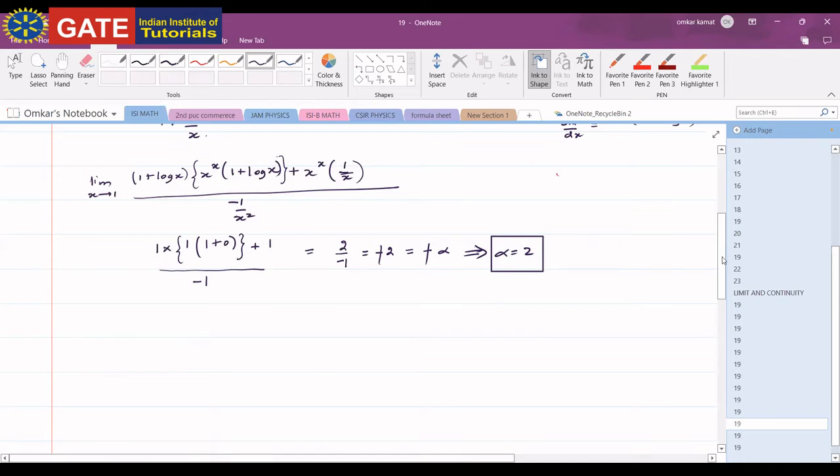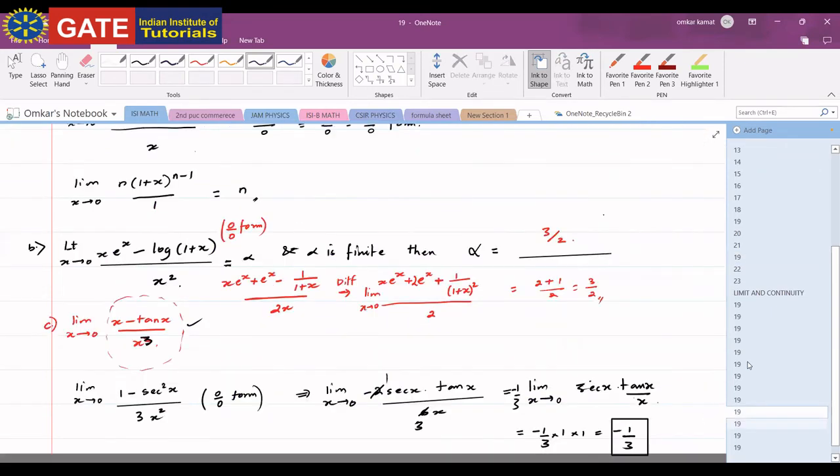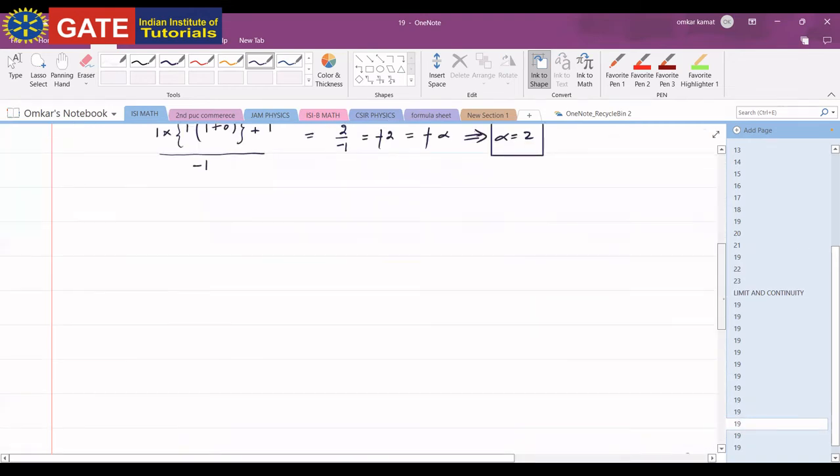Okay. So you people have studied hyperbolic functions. Hyperbolic functions you people have studied. Try this question. Sumedha understood? Sumedha Gupta, correct?